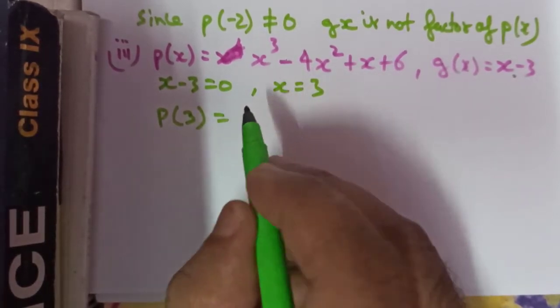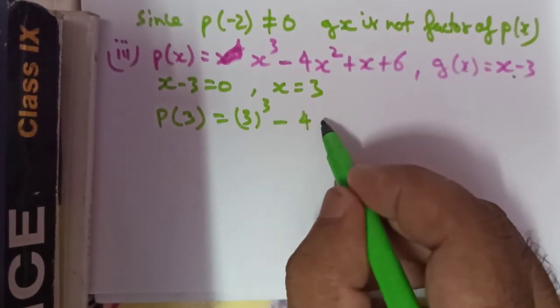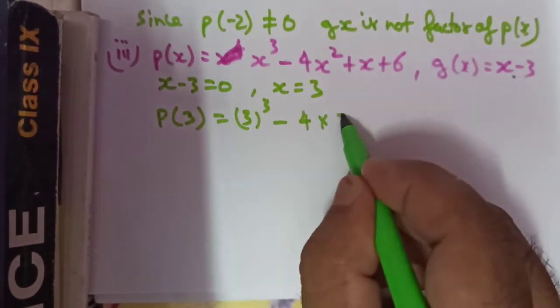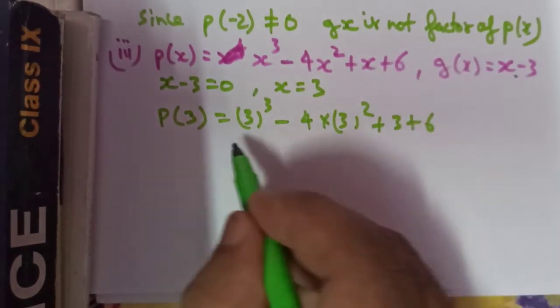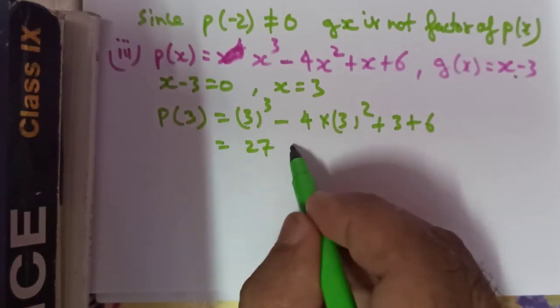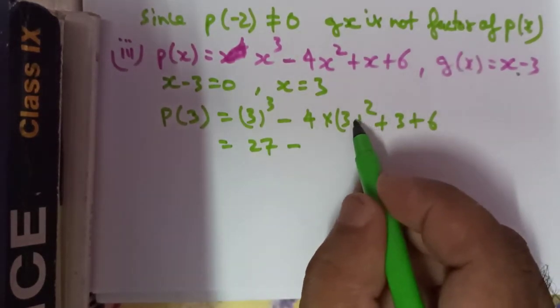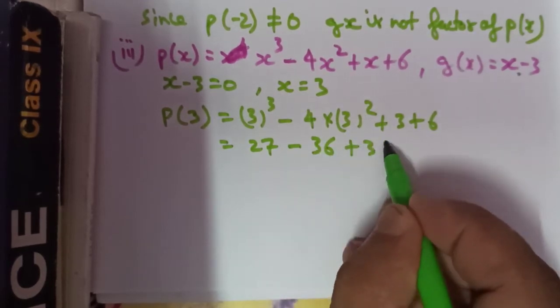P(3) will be x cube will become cube of 3, minus 4 times of x square will become minus 4 times of 3 square, plus x becomes plus 3, plus 6. So cube of 3 is 27, minus 3 square is 9, 9 times 4 is 36, plus 3 plus 6.